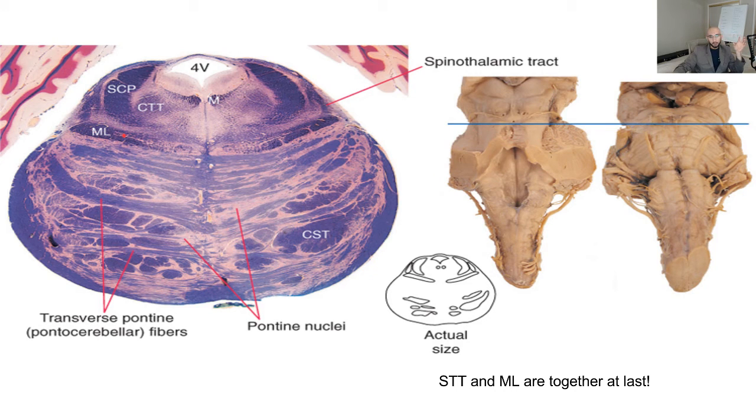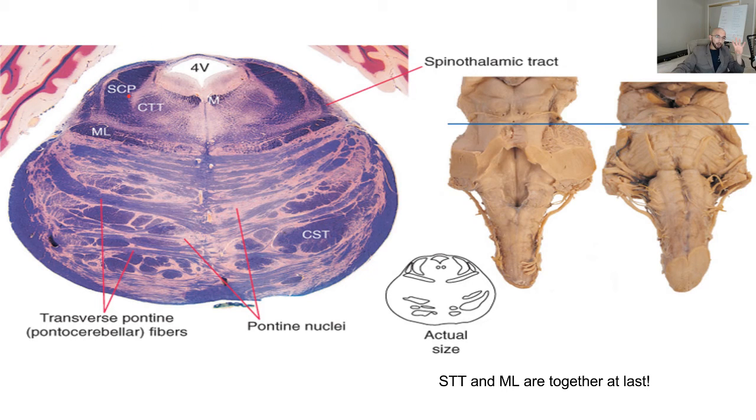So the medial lemniscus has been shoved up as far as it's going to go. So it's gone from being a medial lemniscus over here to still being called the medial lemniscus, but now it's out and on the sides. Okay? So it's on the sides over here. M is the medial longitudinal fasciculus. It's still in the middle.